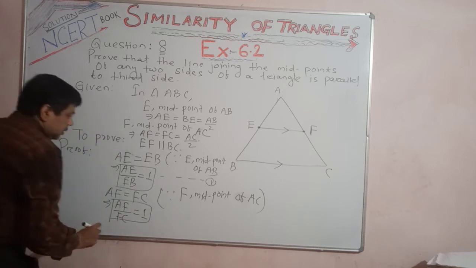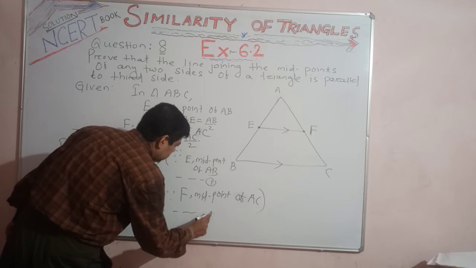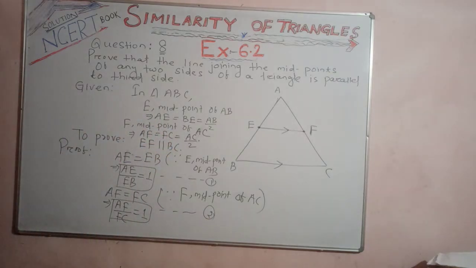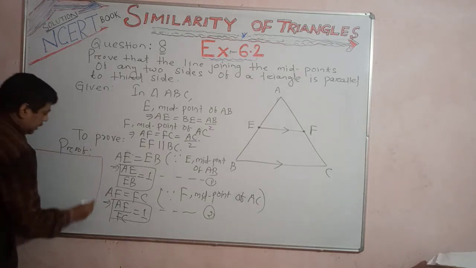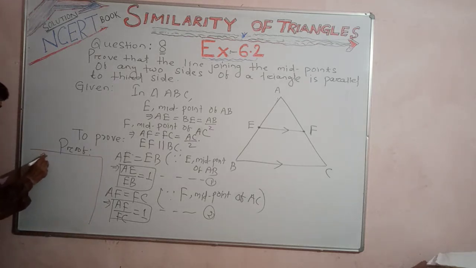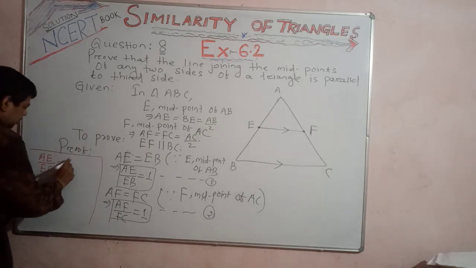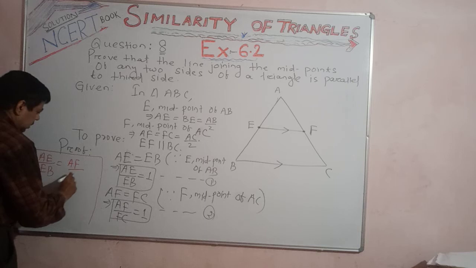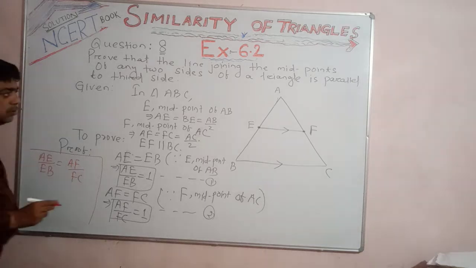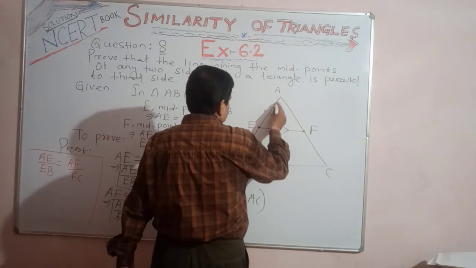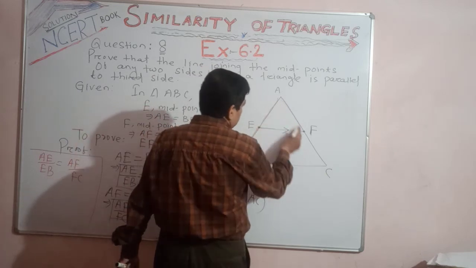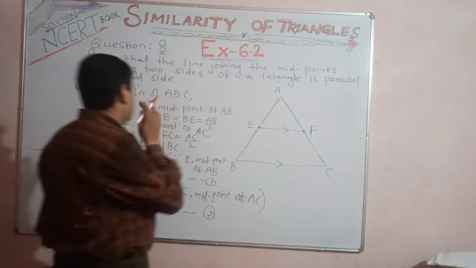This is point number 2. From points 1 and 2, we are getting AE upon EB is equal to 1 and AF upon FC is equal to 1. It means AE upon EB is equal to AF upon FC. Yes or no?